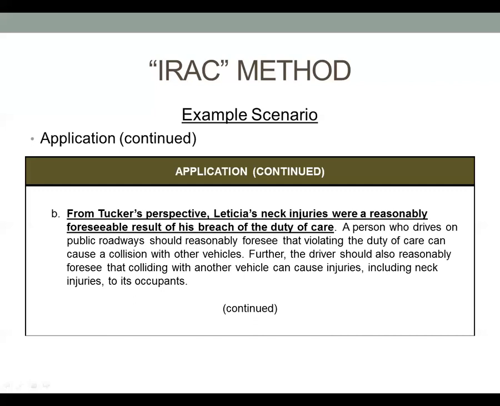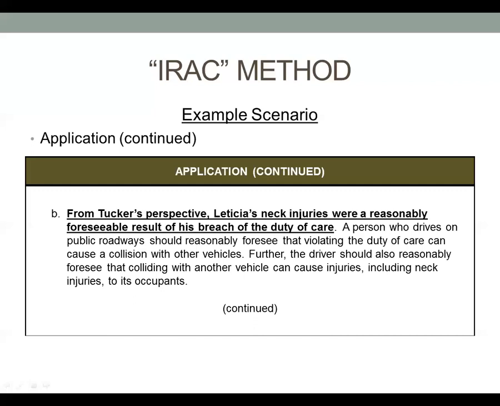But here, the reasoning can go this way. A person who drives on public roadways should reasonably foresee that violating the duty of care to drive as an ordinary prudent person or as a reasonable person can cause a collision with other vehicles. Further, if a driver is going to cause a collision with other vehicles, then that driver should reasonably foresee that the collision could actually cause injury to the occupants, and that injuries that commonly result from car accidents include neck injuries.